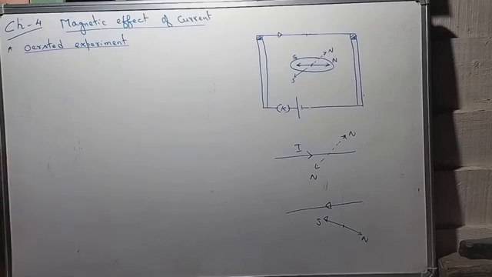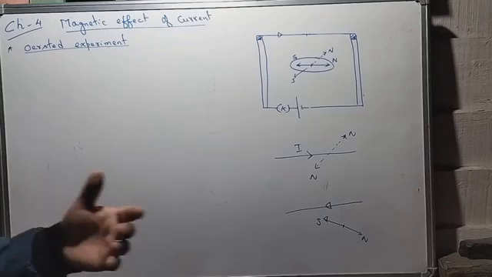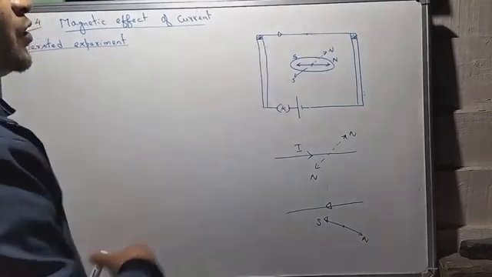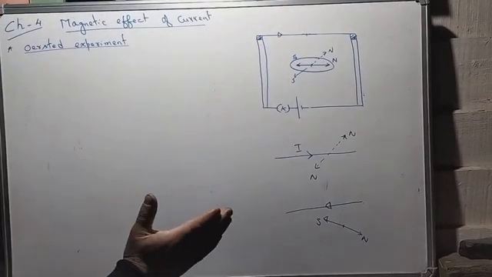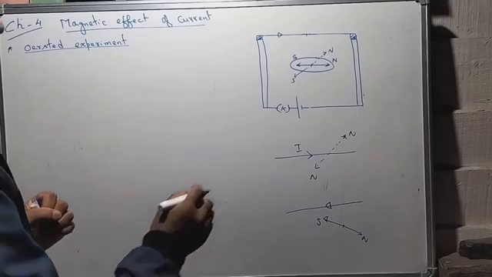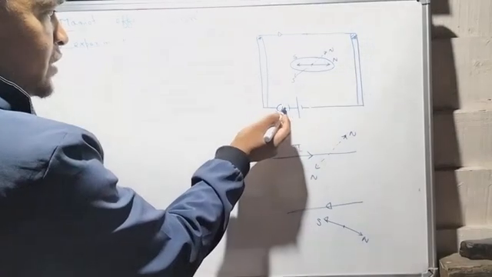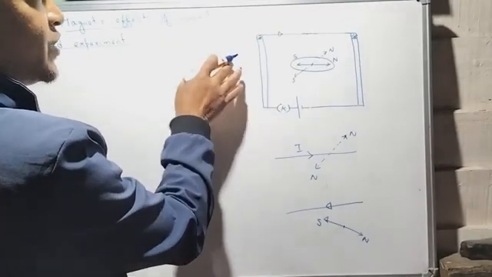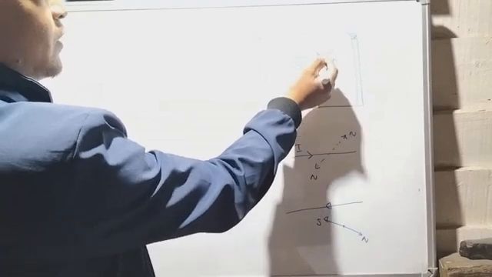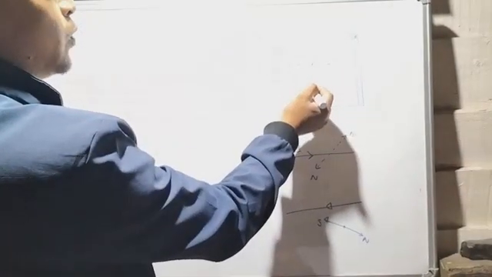The second conclusion is that the larger the magnitude of the electric current passing through the conductor, the stronger is the deflection of the needle. That means, in his experiment, he found that as he increased the current, this needle deflected more.